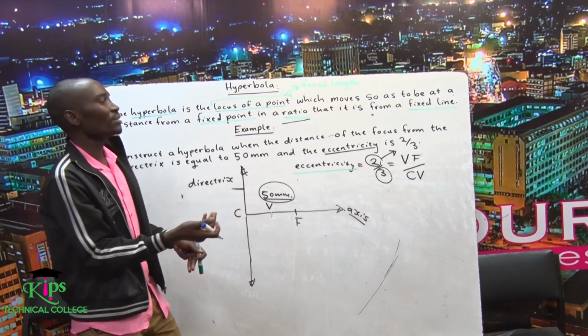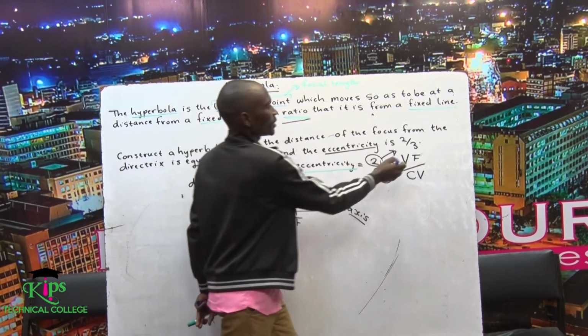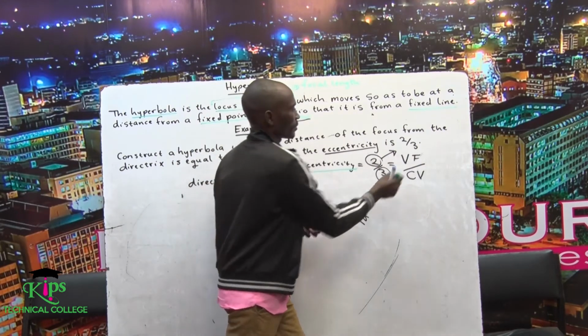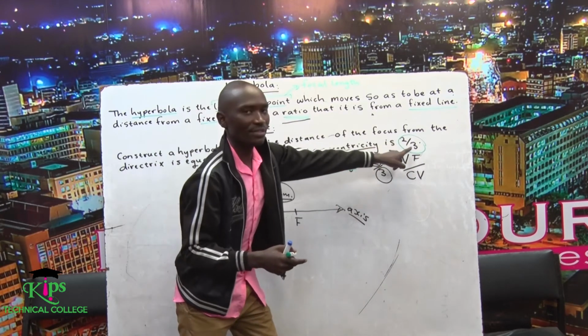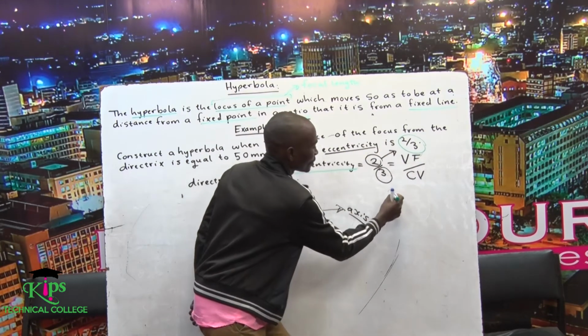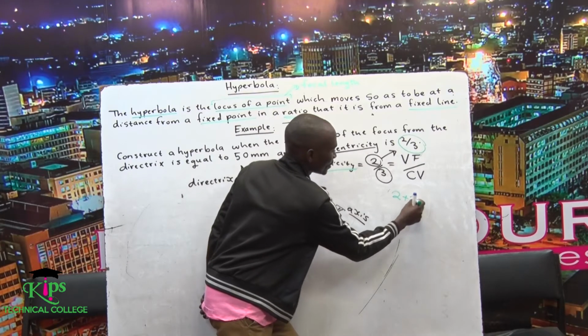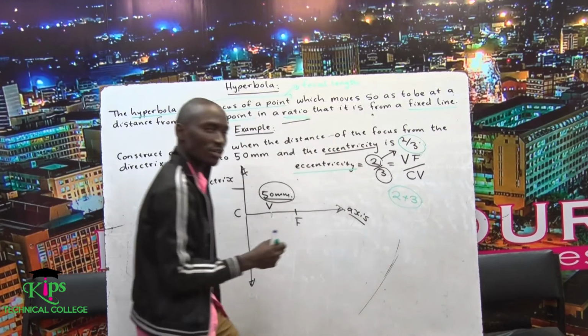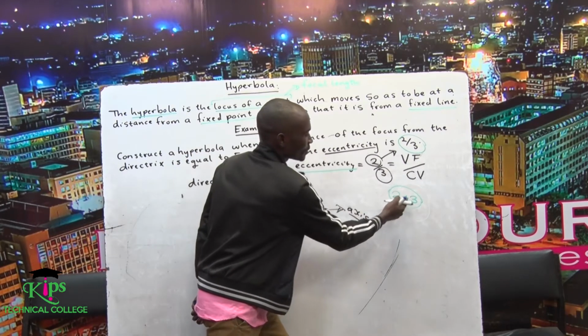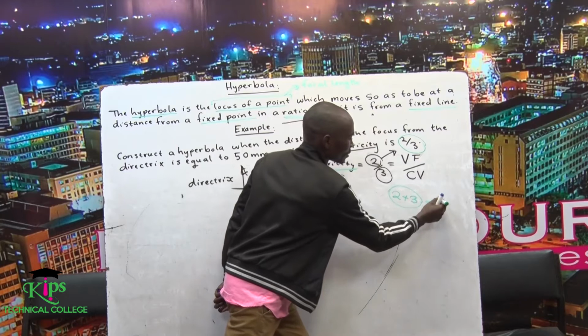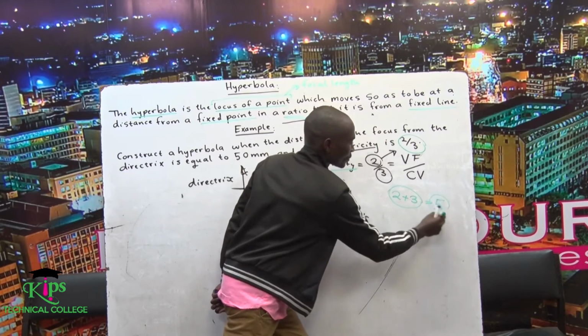So for this case, if you have been given the eccentricity as 2 all over 3, you need to add 2 plus 3 to get the total. Hope you are getting it. So when you add 2 plus 3, you will simply get 5.